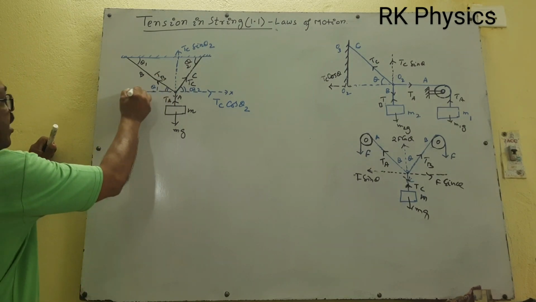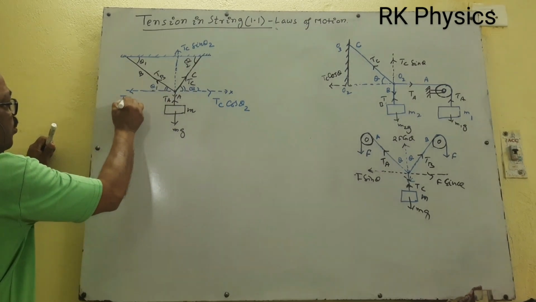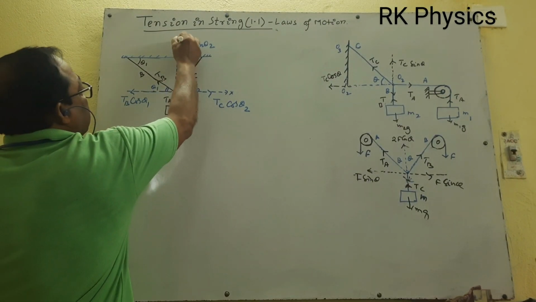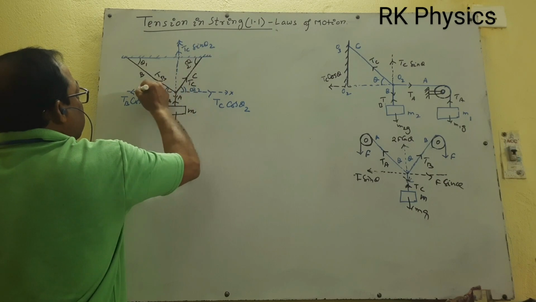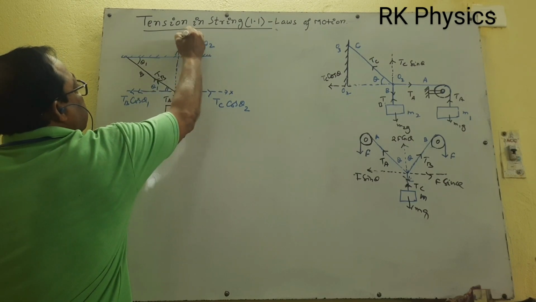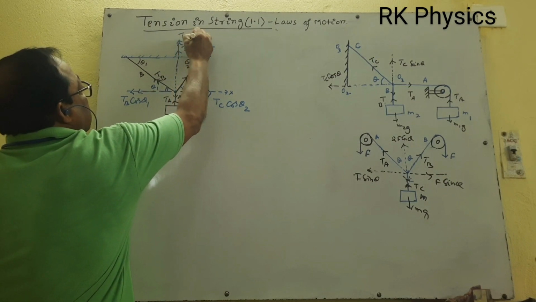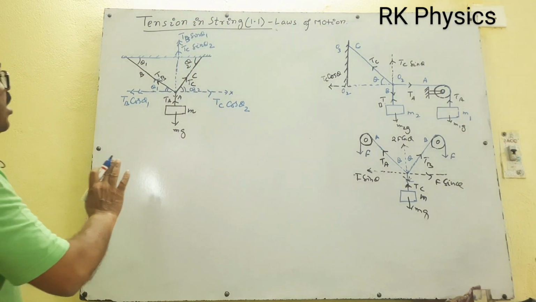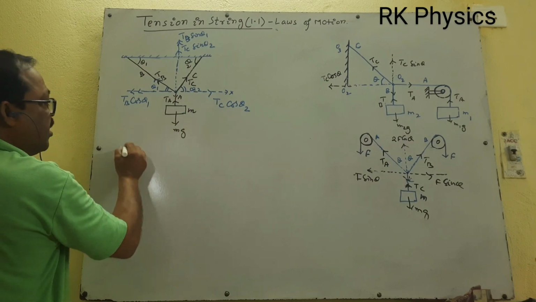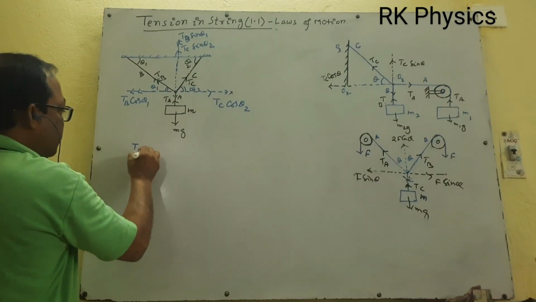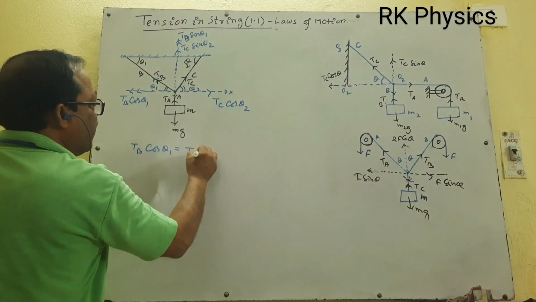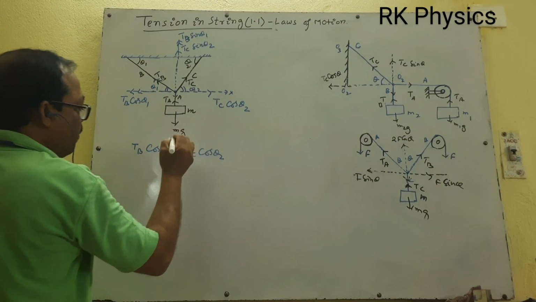So resolve TB into components again: this is TB cos theta 1, and along this direction, TB sin theta 1. Now, since the system is in equilibrium, along the horizontal you write TB cos theta 1 equal to TC cos theta 2.